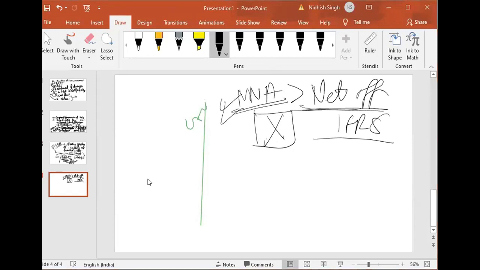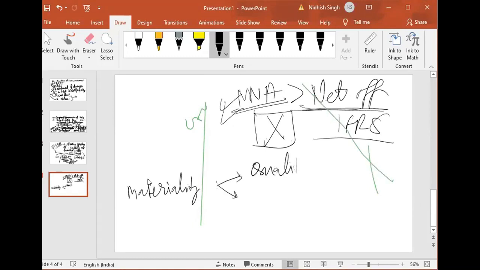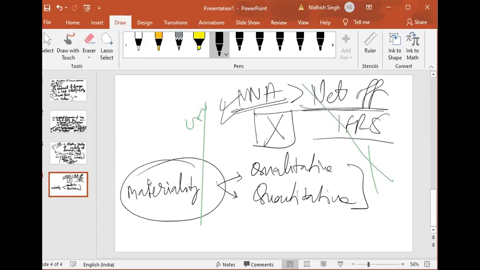Okay, so that's one concept. Then materiality. Materiality is about two aspects: qualitative and quantitative. Since IFRS is very much a concept or a principle-based accounting standard, it allows you to present the financial statement which provides all the key information.